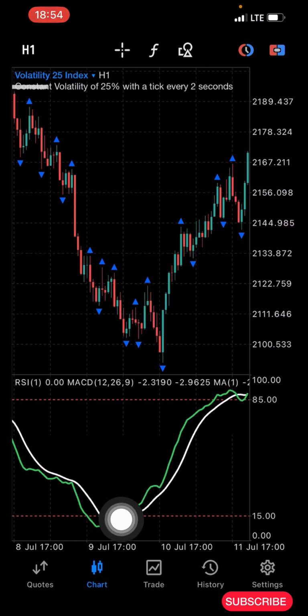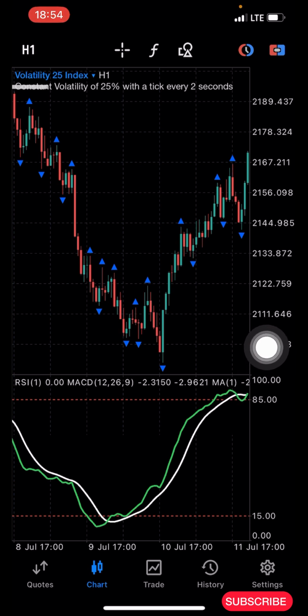Now you can see price got here. You are waiting for the green to cross. The green now crosses here, right? Now the next thing you want to wait for is the fractal to appear. When price makes any reversal or goes back, you want to mark the area where the fractal will be formed.